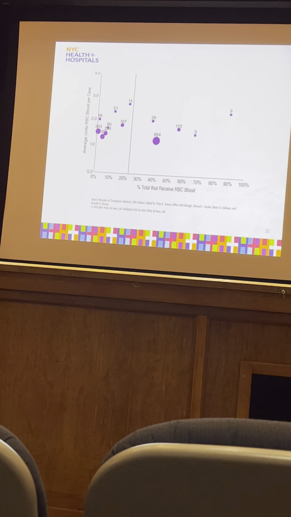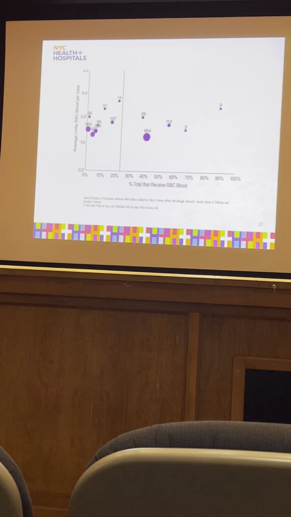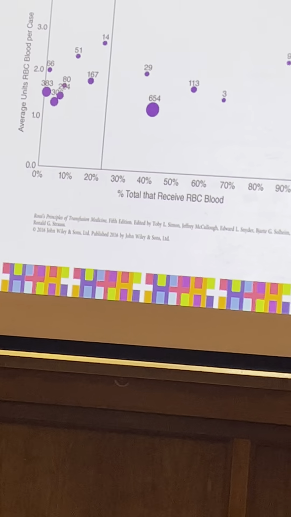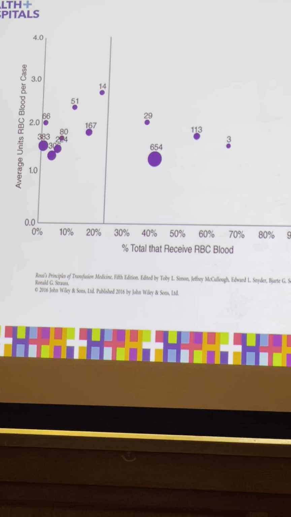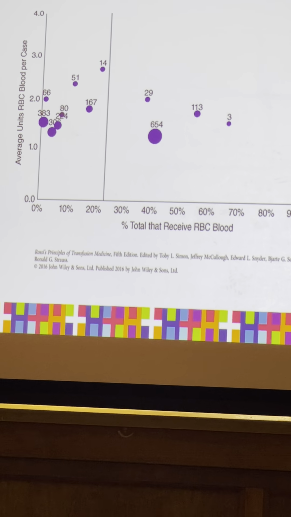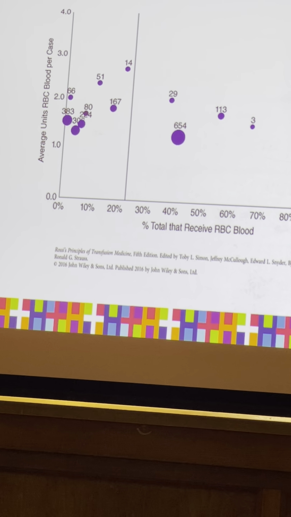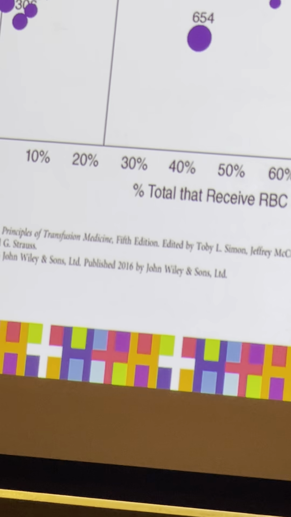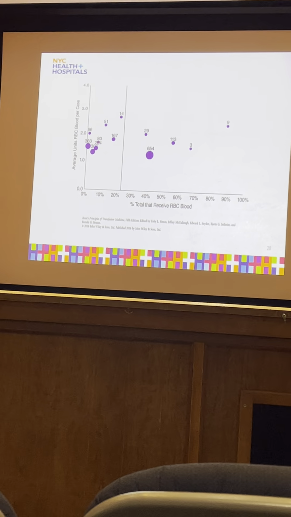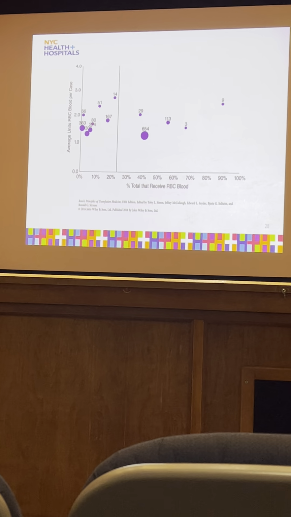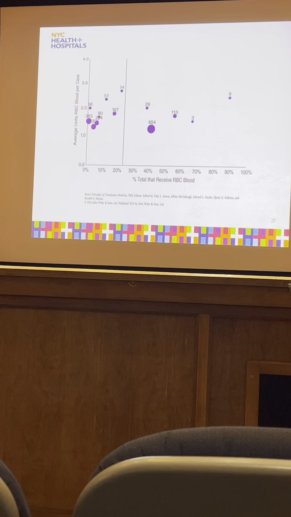This is just an example of benchmarking, copied from a book. The surgeons are represented by the bubbles, and they can perform any procedure, let's say hip replacement. The x-axis shows the percentage of total cases that received blood, meaning at least 1 unit of blood.